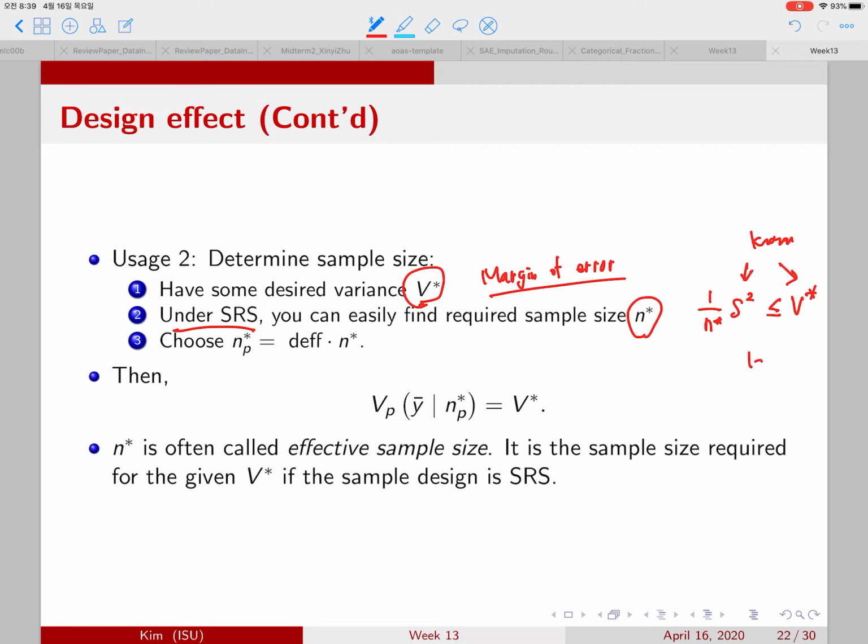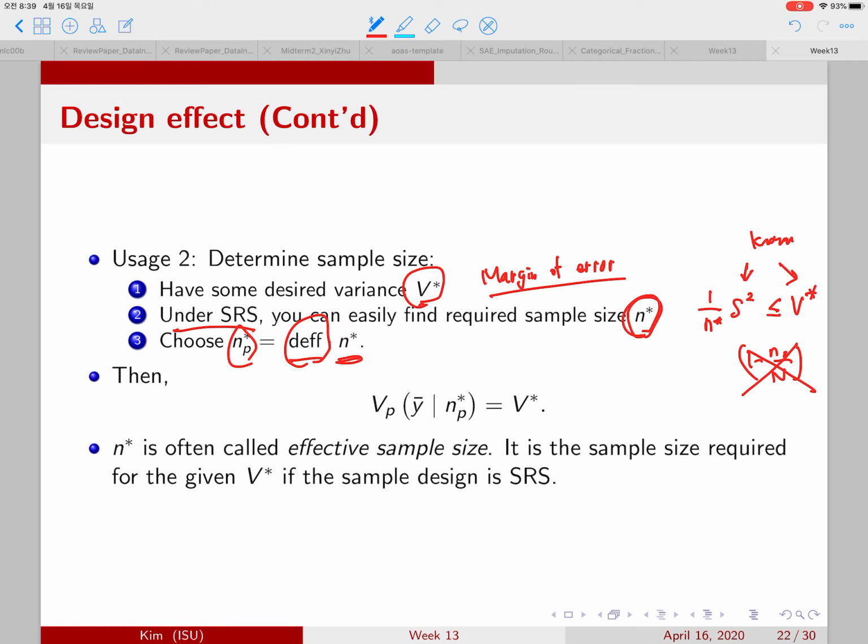Of course, we ignore the finite population correction. Then, given n star, we apply the design effect, multiplying by it to obtain the sample size.